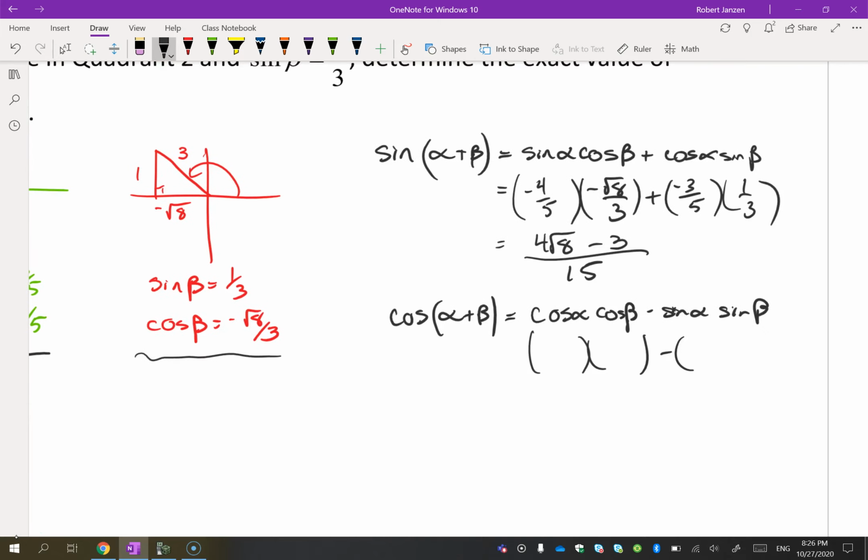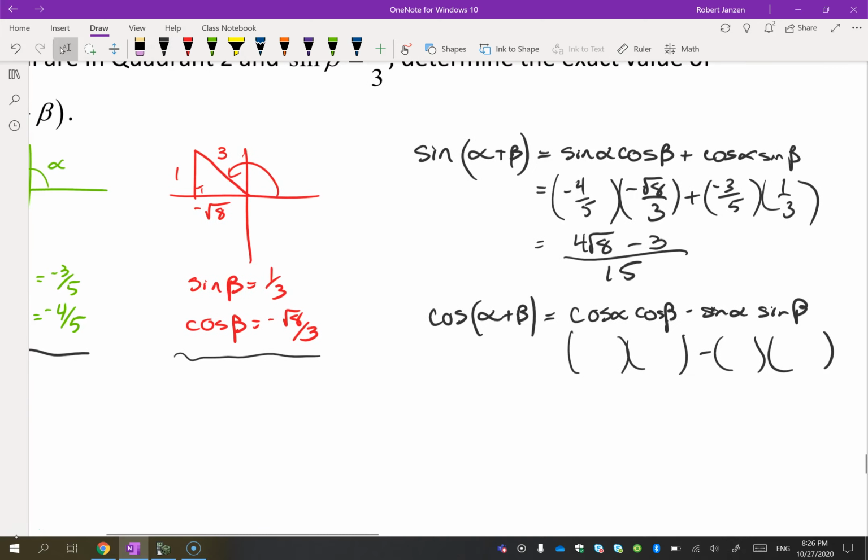We know cos of alpha is -3/5, cos of beta is -√8/3, sine of alpha is -4/5, and sine of beta is 1/3. So this is 3√8 plus 4 over 15.